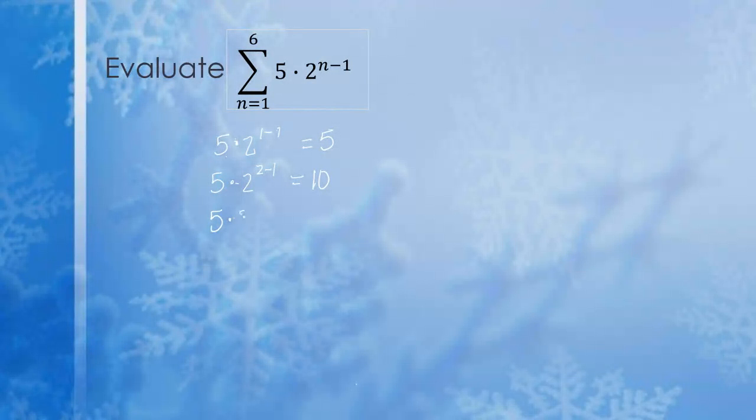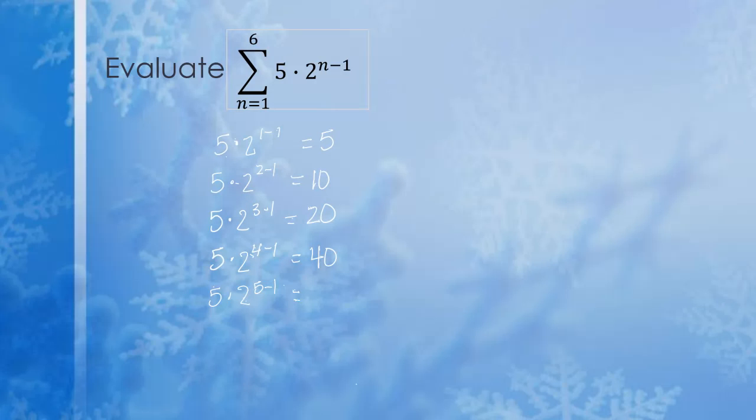Then I'm going to do 3 minus 1, which is 2. 2 to the power of 2 is 4 times 5 is 20. I'm going to do the same thing for n equals 4. So that's 3, and I get 40. And then I'm going to do 5.